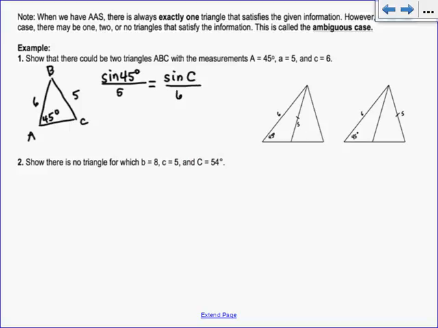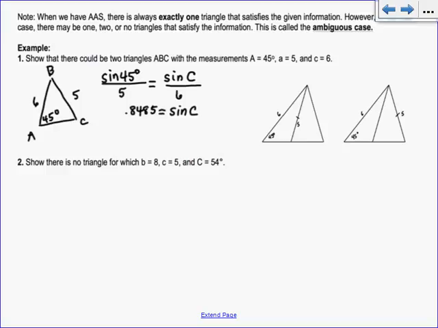So we multiply that 6 over. I take my sine of 45, divided by 5, and then I multiply the 6 over. So I get 0.8485 something equals sine of C.